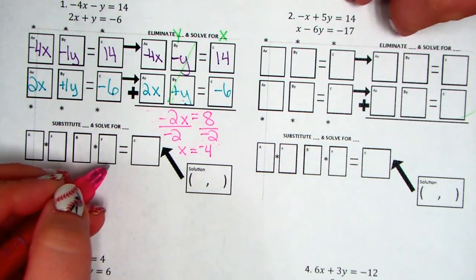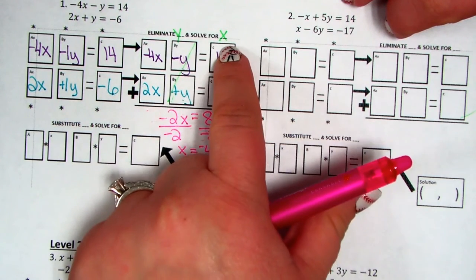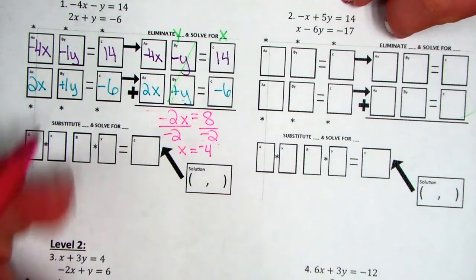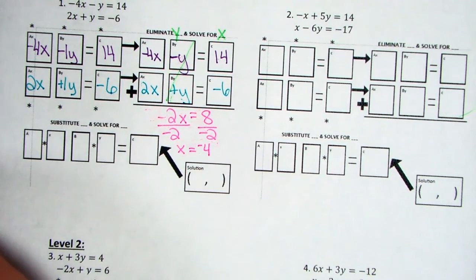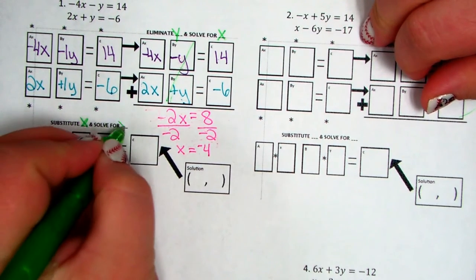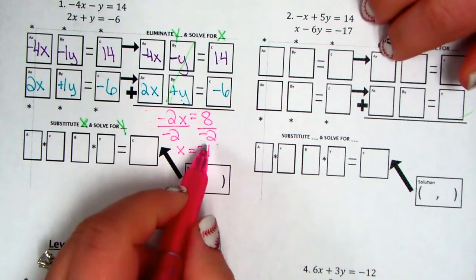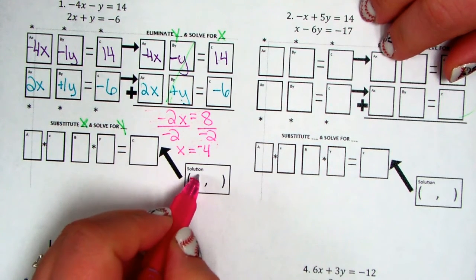Now our goal before was to eliminate y and solve for x, so we're going to reverse that now, and we want to substitute our x so that we can solve for y, because we already have our x coordinate of our solution, and we're trying to find the y coordinate.